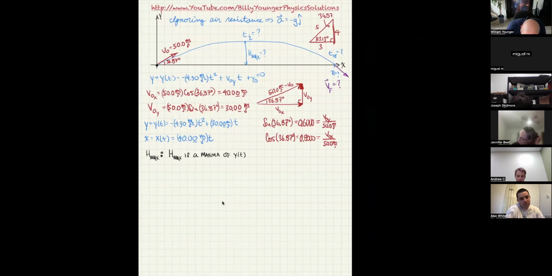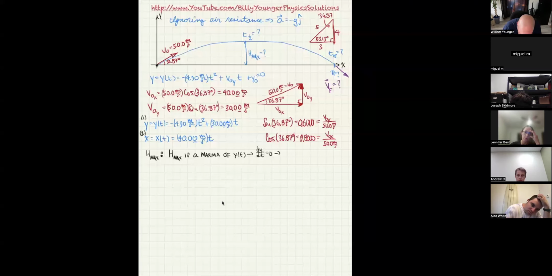So dy dt equals 0 gives us, if I take the derivative of the y of t, which I will say is this equation right here, and I'm going to say this is equation 2.